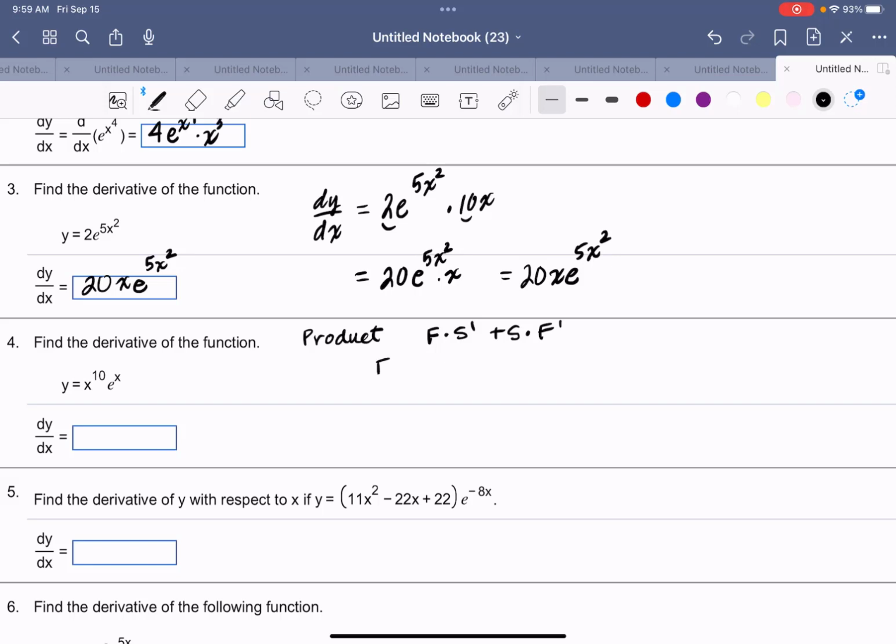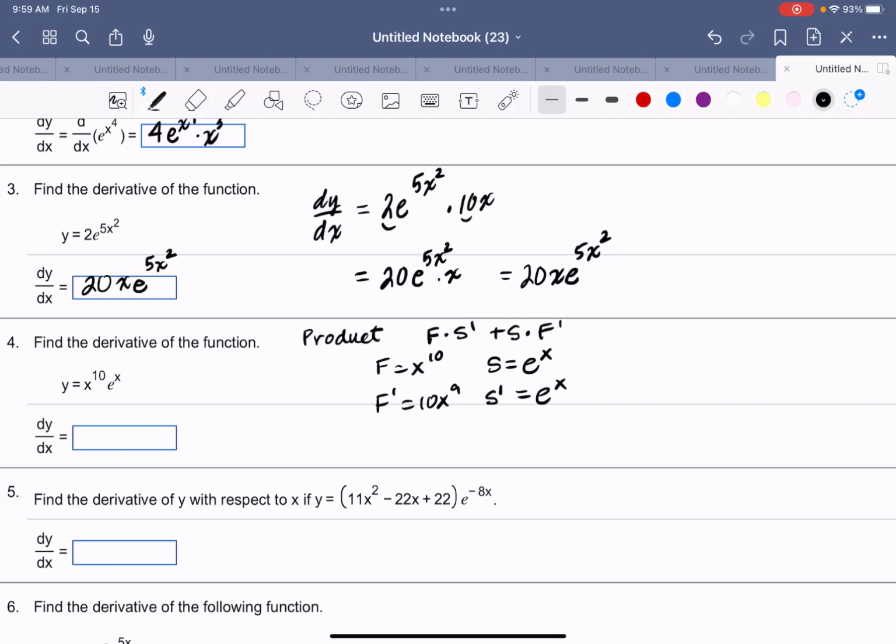So my first is x to the 10th. So my first prime is 10x to the 9th. My second function is e to the x. Its derivative is e to the x. There will be no chain rule involved here because neither of our exponents are differentiable, except for x would be 1, and there's no need to do that.